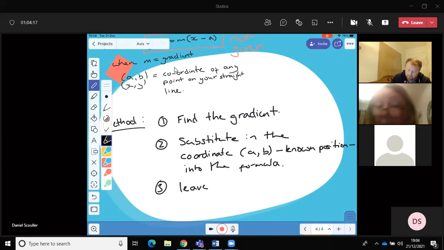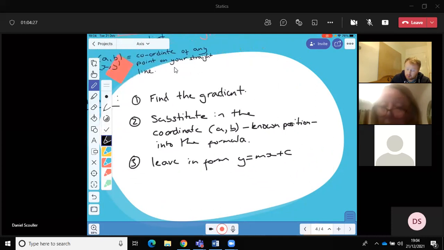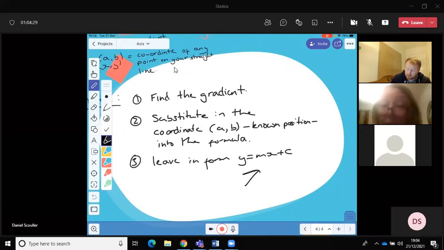Third is leave in form. When it asks you for the equation of a straight line, that is the format it's leaving.